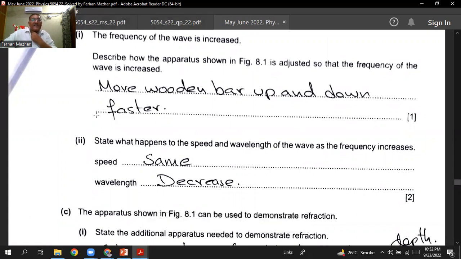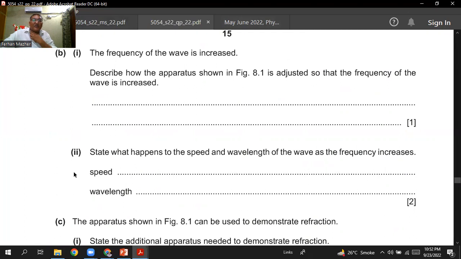Then they say, state what happens to the speed and wavelength of the wave as the frequency increases. If you increase the frequency, the speed will remain unchanged, but the wavelength will decrease.